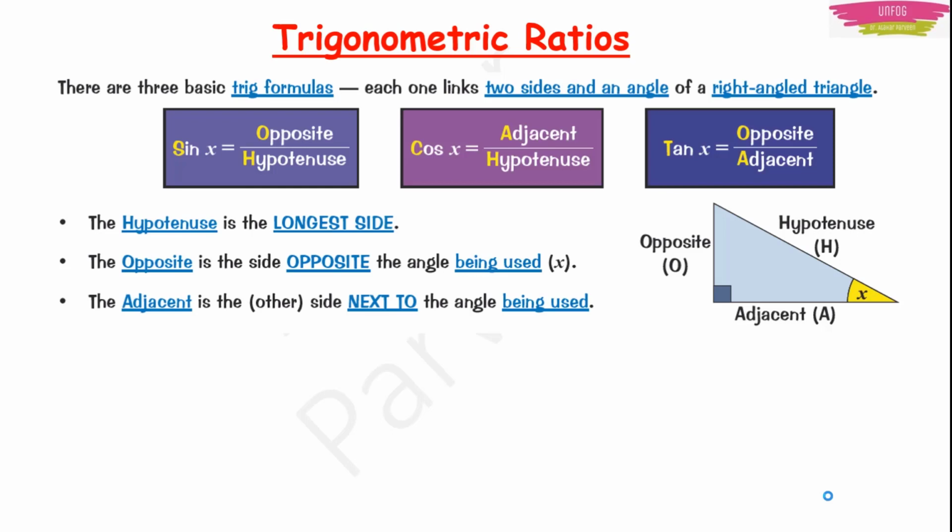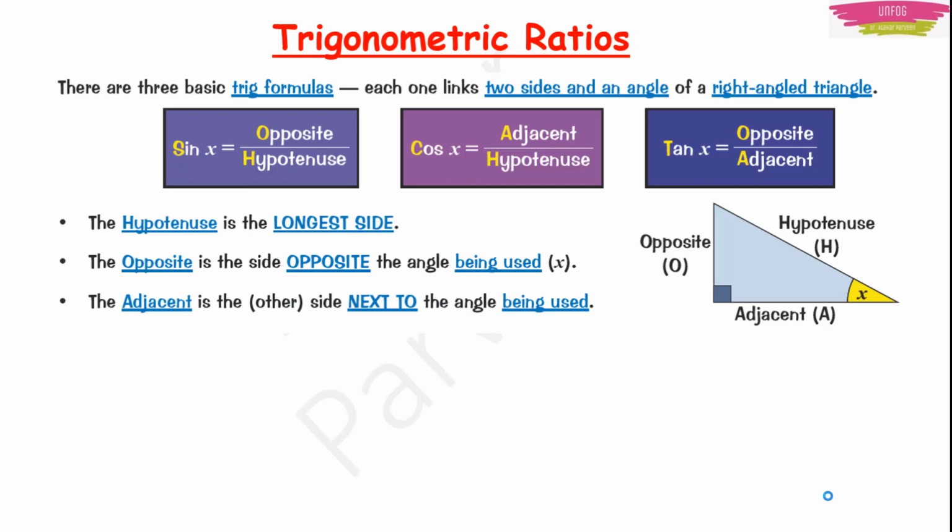Now the side which is opposite to this angle x is known as the opposite side, and of the other sides of the triangle, one is the hypotenuse, right? Whatever is the right angle, the long side opposite to that one in the triangle is known as the hypotenuse. And the side which is opposite to this angle x is the opposite side.